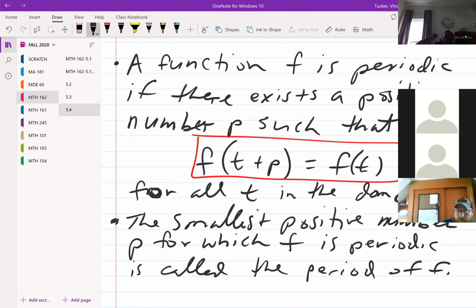The smallest positive number p for which f is periodic is the period of f.